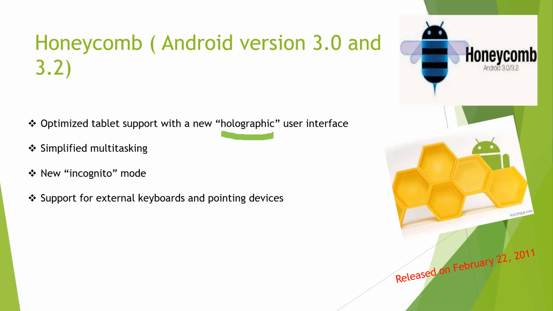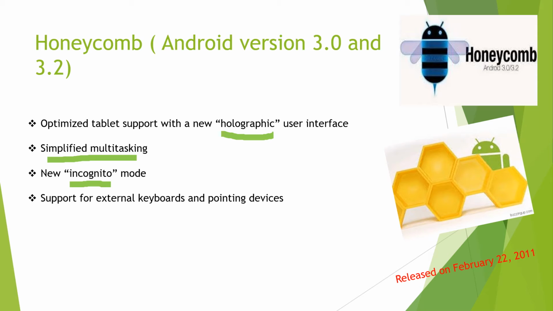Next feature was simplified multitasking. So if you tap on recent apps in status bar, it allowed users to see snapshots of the task underway, and they had this ability to quickly jump from one app to another. This feature was supported in Honeycomb. Next was new incognito mode.